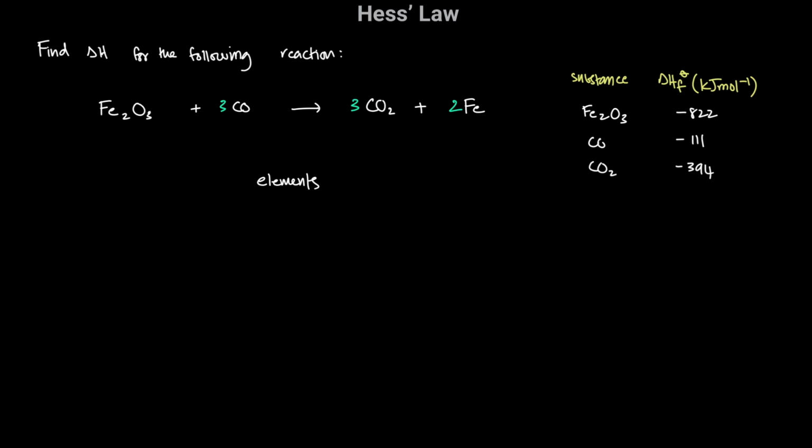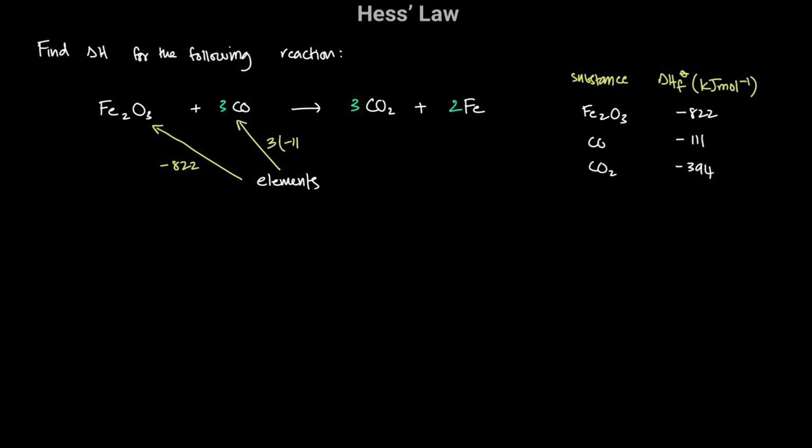Here we're forming 1 mole of Fe2O3 from the elements, so the formation of Fe2O3 is negative 822. That's given to us. We have 3 moles of carbon monoxide here, so that is 3 times negative 111.